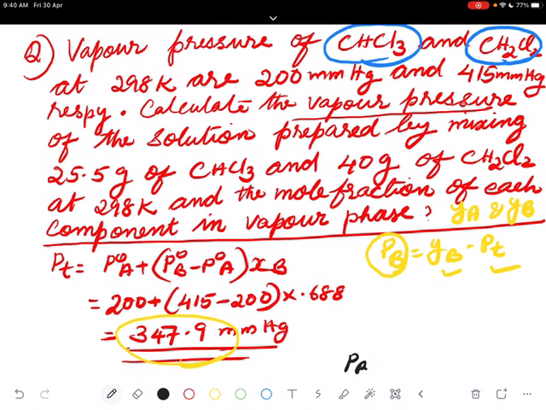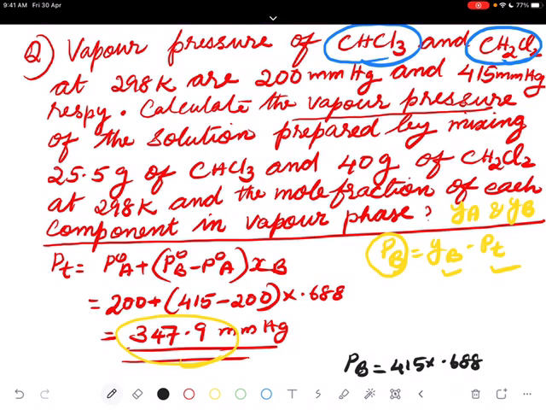Pb is equal to P naught B XB. XB here is 0.688. What is P naught B? That is the higher value, 415. So I'll write Pb is equal to P naught B into XB, 0.688.